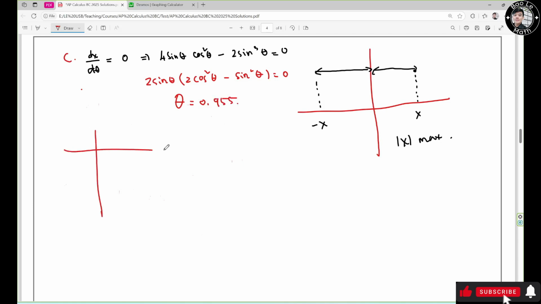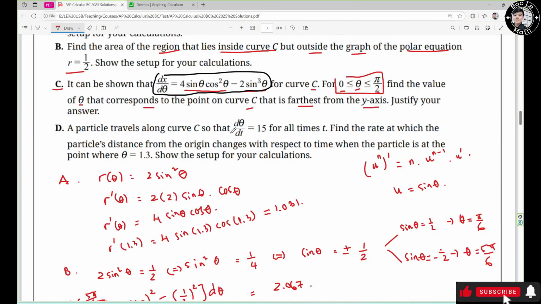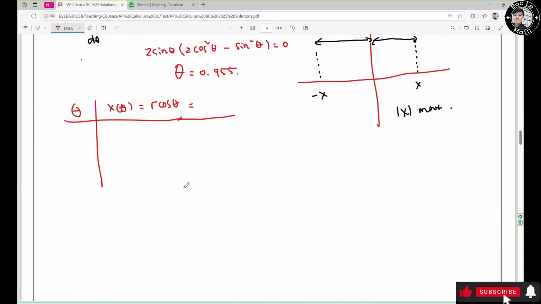So we have theta right here, and this is r sine theta. This one is actually r cosine theta. But r equals 2 sine square theta, so it could be 2 sine square theta times cosine theta.